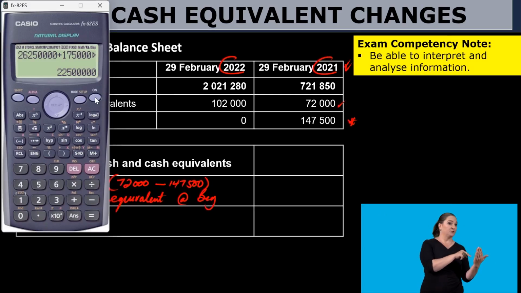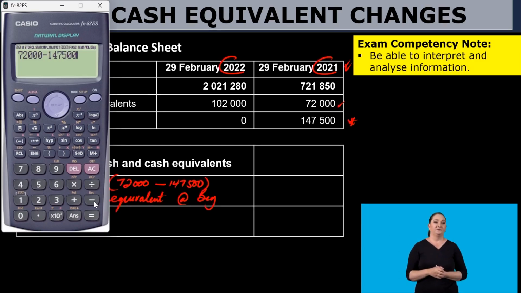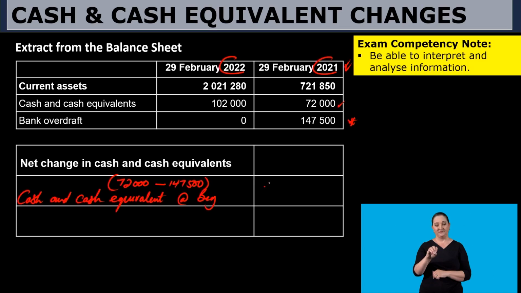So I'll come here and I'm now saying it's 72,000. Then I'm going to say minus 147.5. That will give me a negative 75,500. So I'm coming here, I have a negative 75,500. Very important that you record it as a negative, for our calculator showed us that it was a negative.